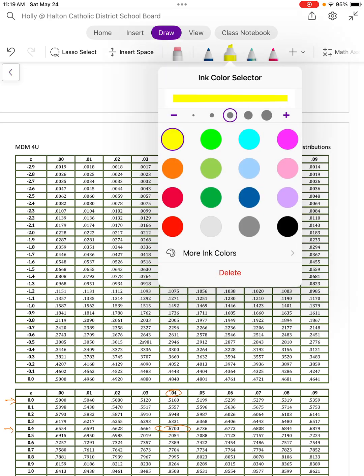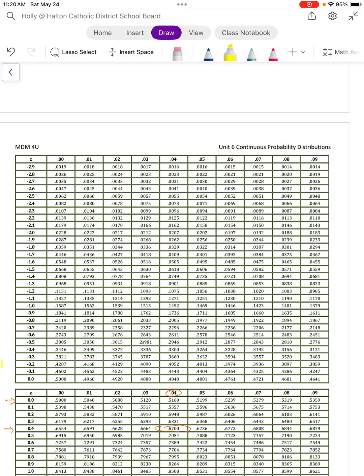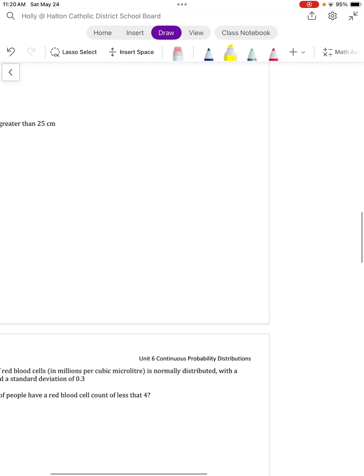So negative 0.83. So I'm at negative 0.8. I have to go to negative 0.83. So this here would be negative 0.80, negative 0.81, negative 0.82, negative 0.83. So 0.2033.